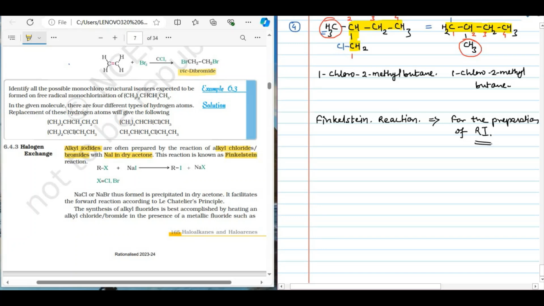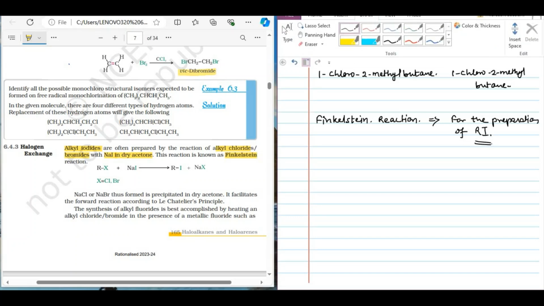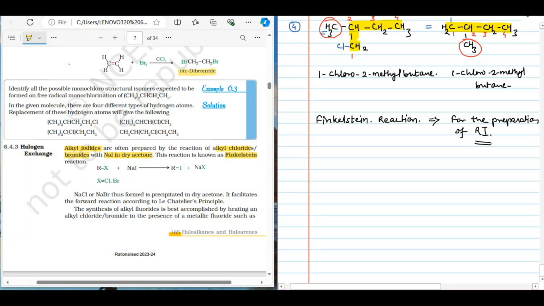Alkyl iodide from alkyl bromide or alkyl chloride. So let's write the reaction. First, this is RCl or it may be RBr.